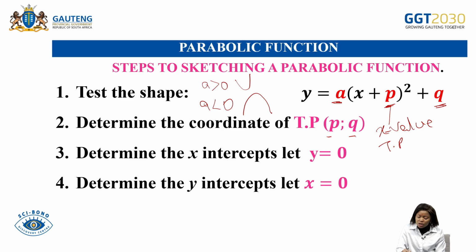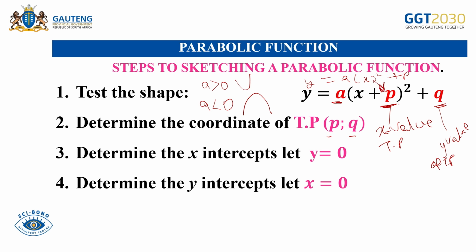Then the q is going to be the y value of the turning point. Ne? This is still the graph of y equals a into (x plus p) squared. The only thing that has changed here, we have introduced this p, which is going to be the horizontal shift. So now your graph is going to be shifted horizontally. Ne?